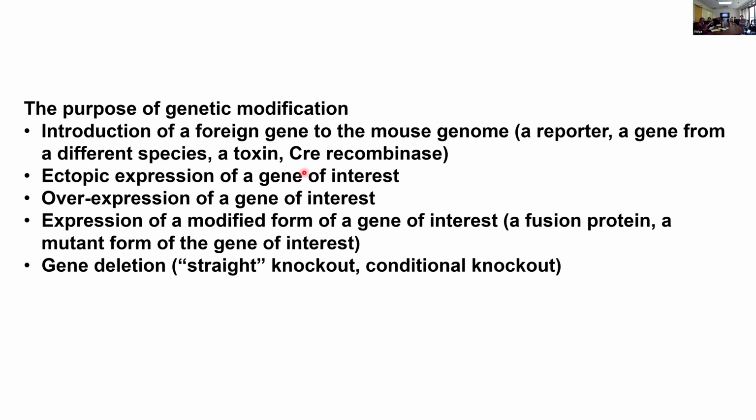So that's introducing foreign genes that are normally not in the mouse genome. Another thing is you can also modify a gene in the mouse genome, an endogenous gene, but make it express in an ectopic place. For example, a gene normally expressed in renin cells, now you want to express in podocytes. Normally you would never detect it there, but you may want to see whether it has effects there.